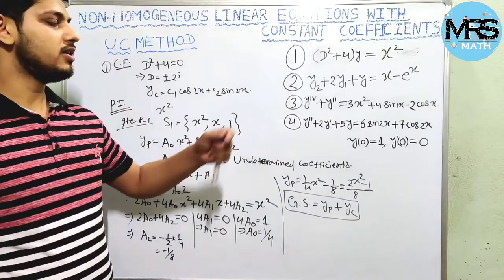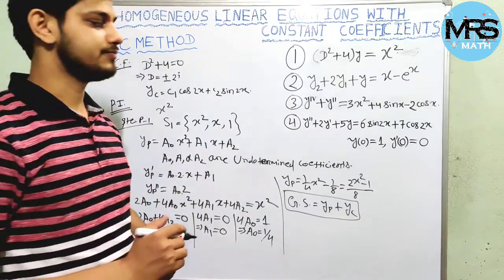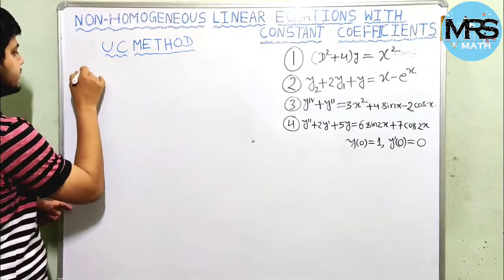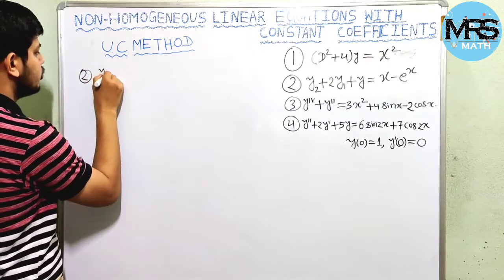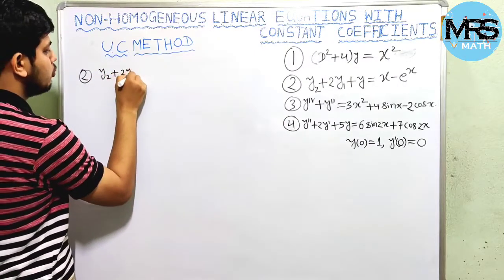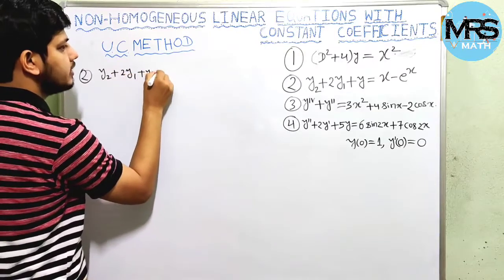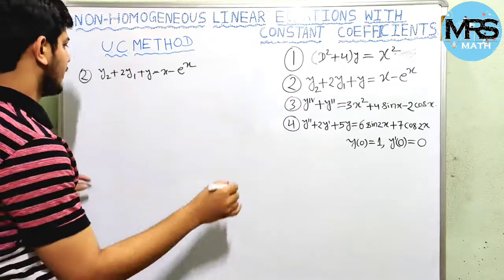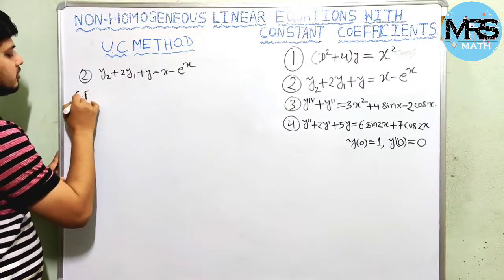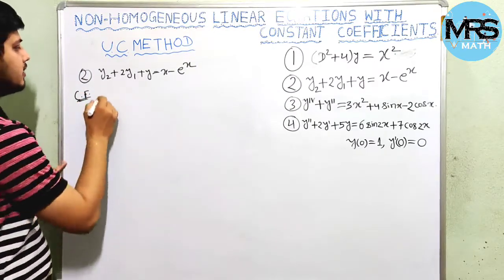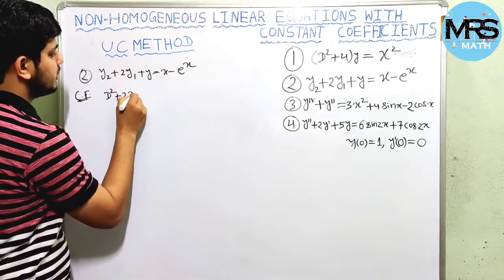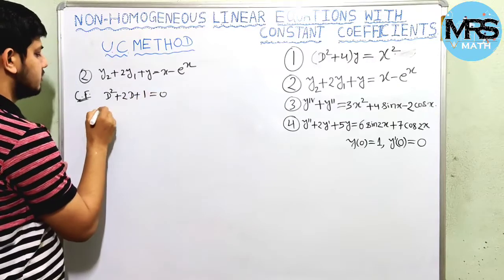Now we will proceed to question number 2, okay? Our second question is y2 plus 2y1 plus y equal to x minus e to the power x, okay? So first of all we will find out the complementary function, that is d2 plus 2d plus 1 equal to 0, correct?